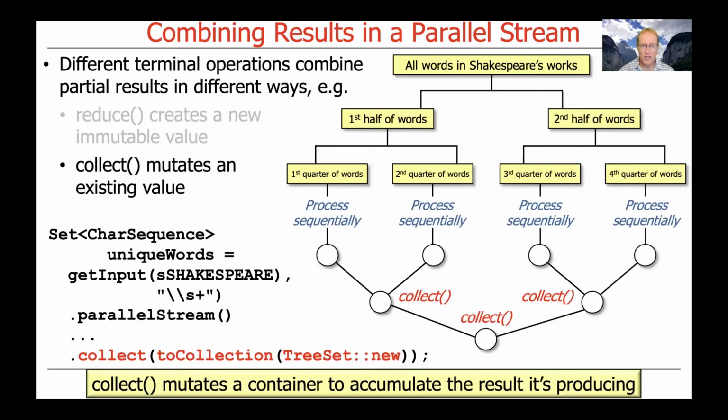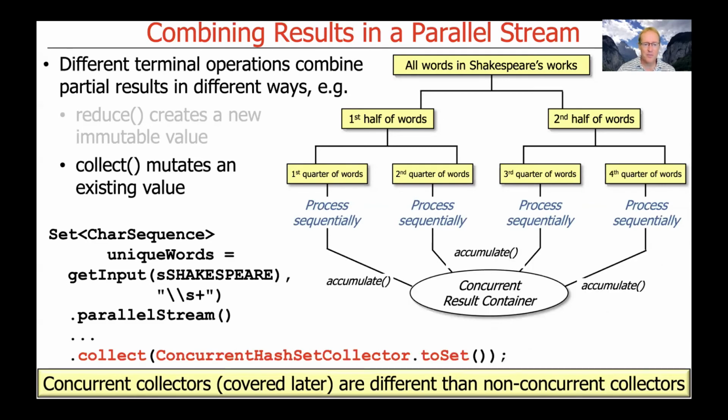So the tree sets will be created for the different chunks, and then as collect works, those sub tree set chunk results will be merged together to form yet another tree set. And this keeps happening until we end up with a single final tree set when all is said and done. So each of those tree sets along the way, of course, will be mutated as we add elements into them. And of course, those elements will be distinct because tree sets don't allow duplicate values.